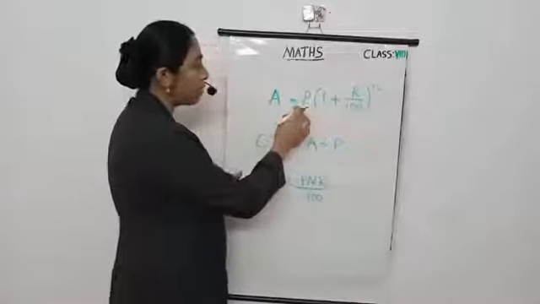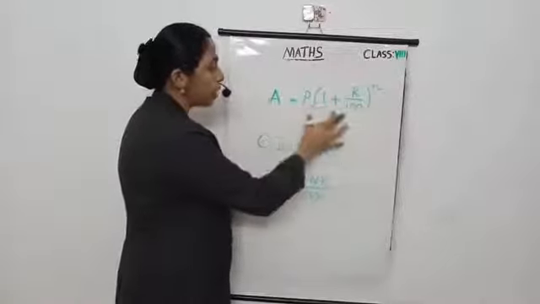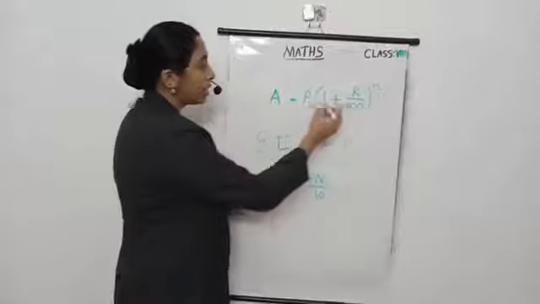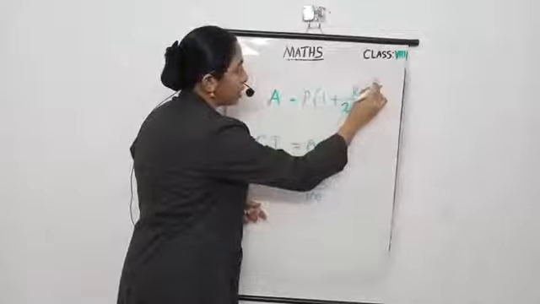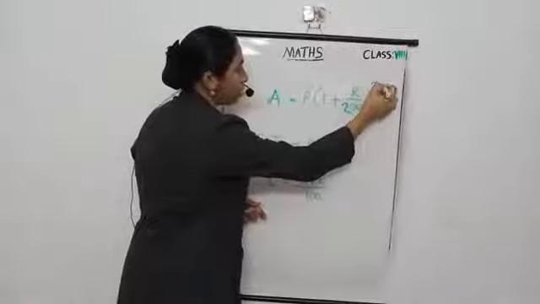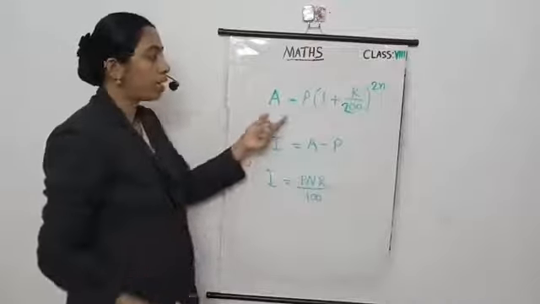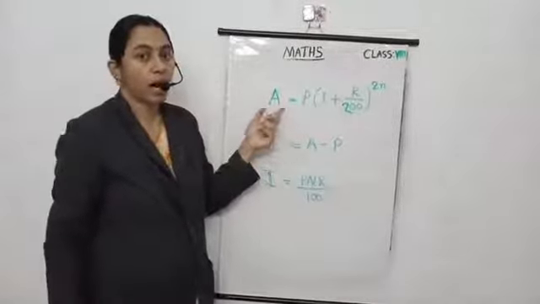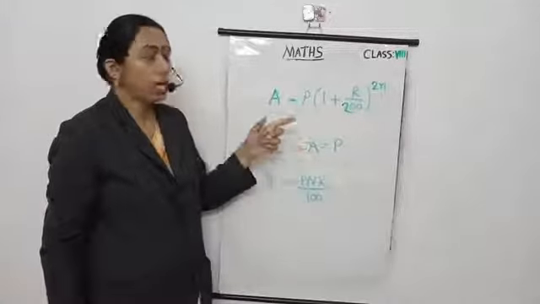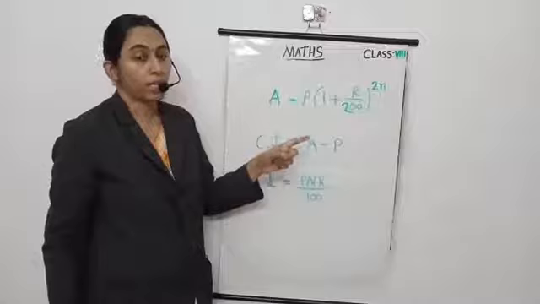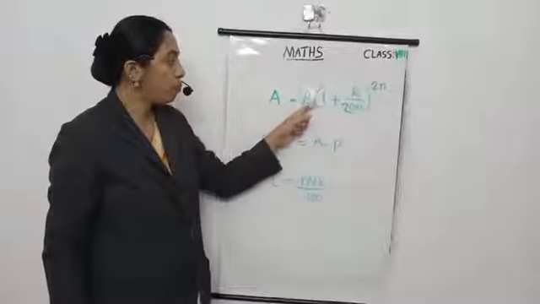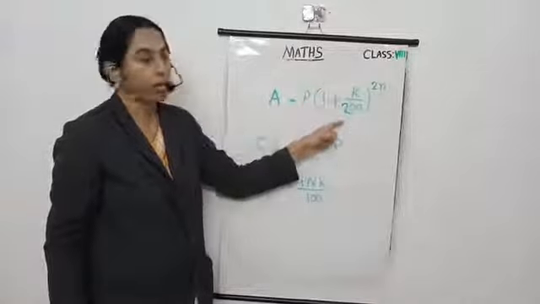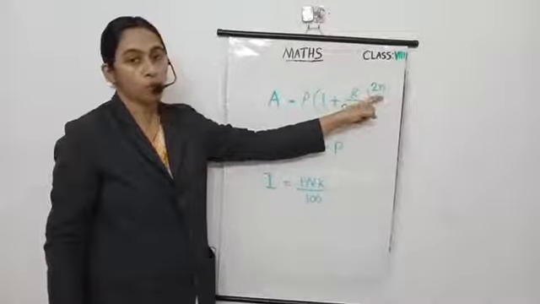This formula has one change: this becomes 200 and here we take 2n. Understood? If compound interest is calculated half yearly, that means 6 months, then we use A equal to P into 1 plus R by 200, all raised to 2n.